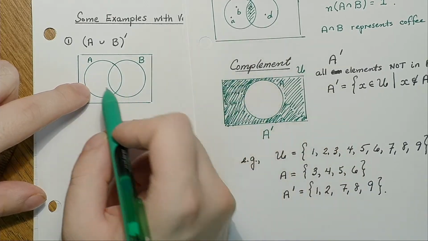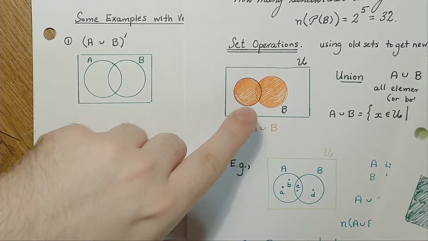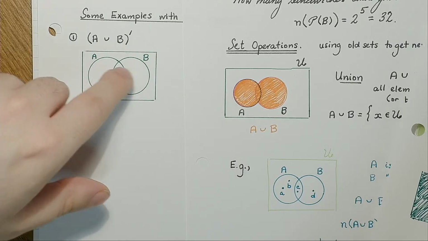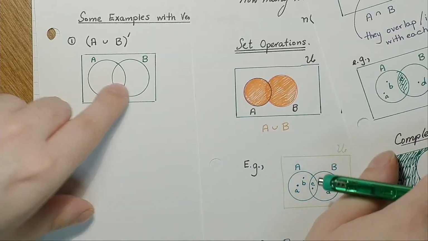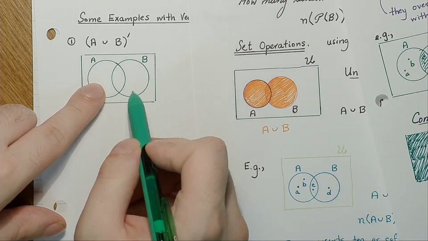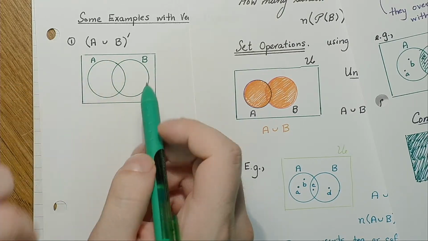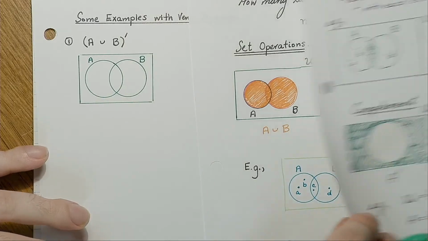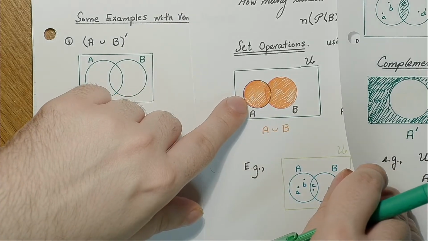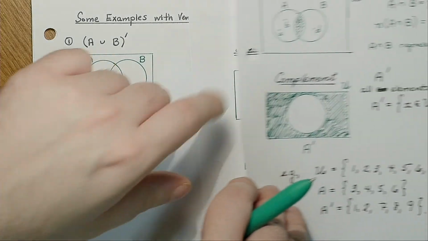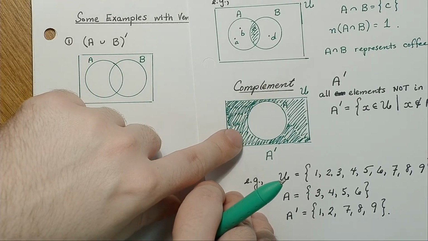So again, I need the A union B, the shaded part right there. I know all of this is here, but I need to exclude this. I want everything outside of that. So we are going to find that set and then apply the complement, taking everything outside of it.